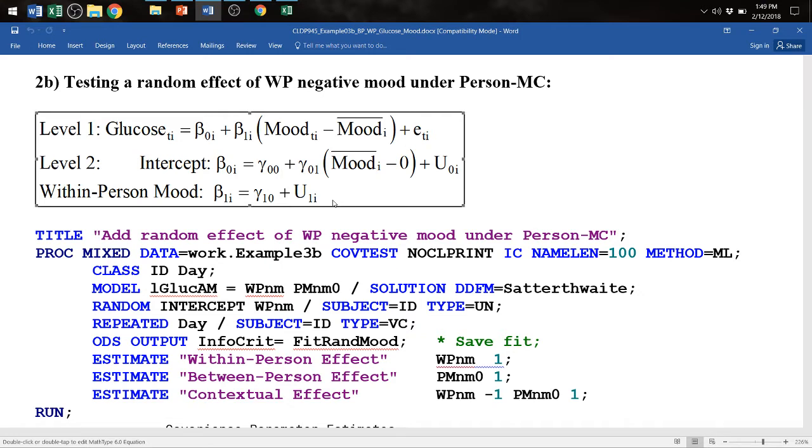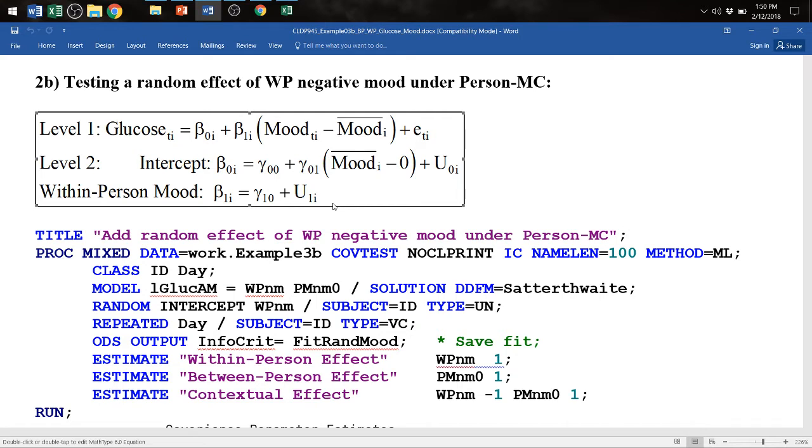So we're making a new pile. We're asking, does the model fit better if I make a third pile? If I take what used to be residual variance and move it up to level 2 and call it random slope variance for within person negative mood. The within person negative mood fixed effect said that when I am grumpier than usual, my glucose the next morning is higher than usual.